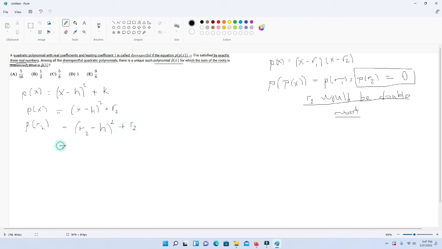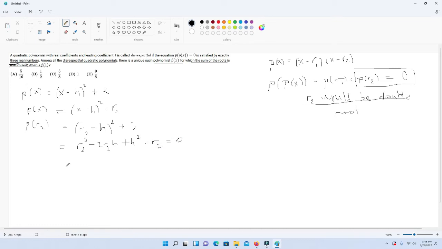Expanding this out, we get r2 squared minus 2r2h plus h squared plus r2 equals 0.